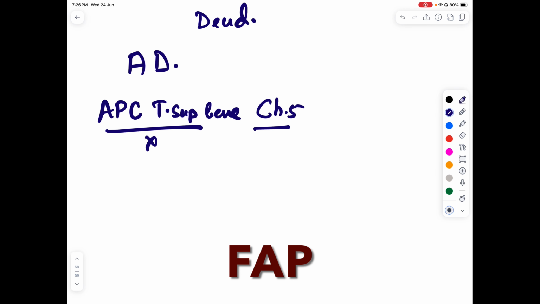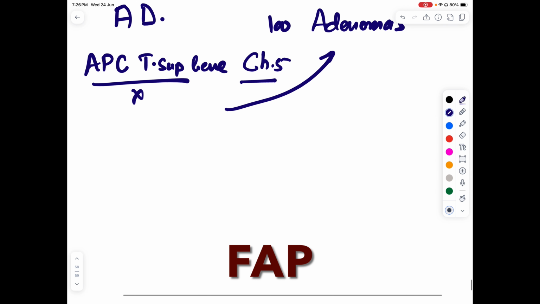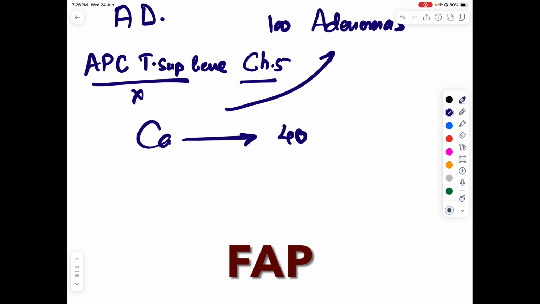So this leads to development of hundreds of adenomas, and there is a risk of malignancy at the age of 40. So that is the main thing: multiple polyps, loss of APC tumor suppressor gene at chromosome 5.